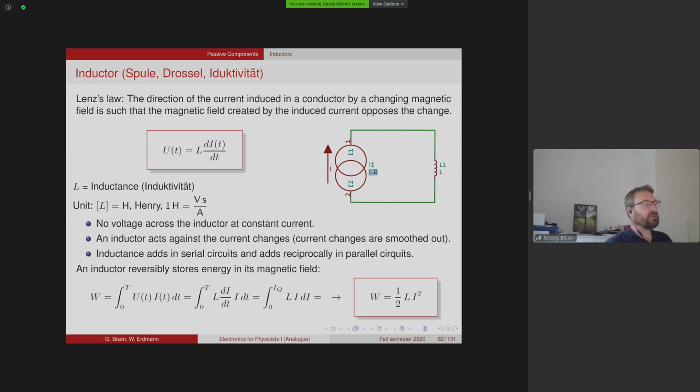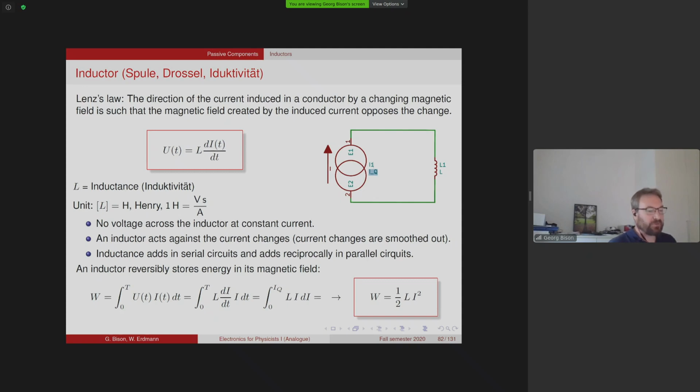It needs an effort from the outside, a current flowing through the capacitor, to change the voltage of the capacitor. And in the same way, it takes a voltage difference over the coil or inductor to make the current that goes through the inductor change.